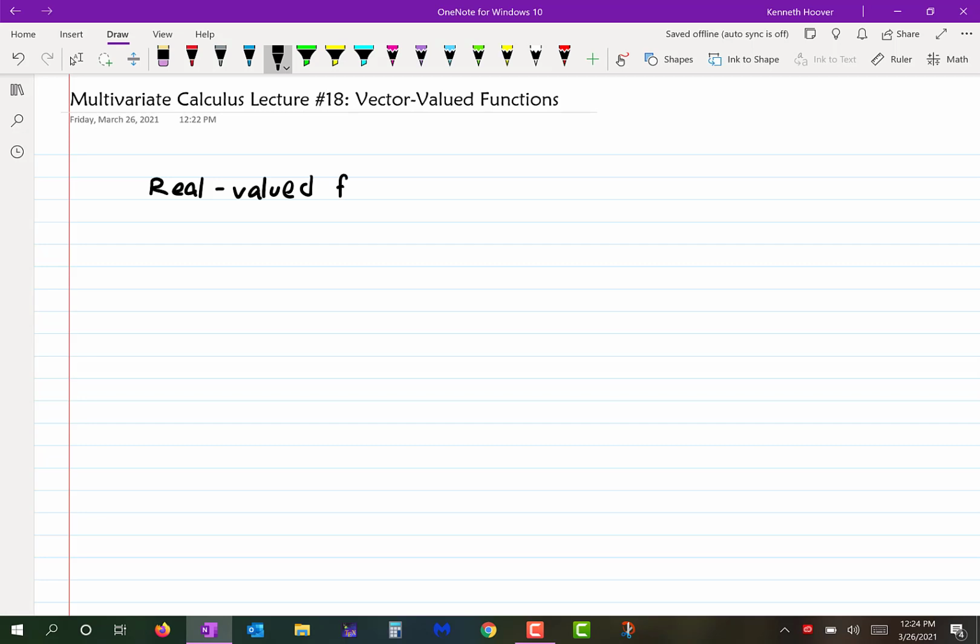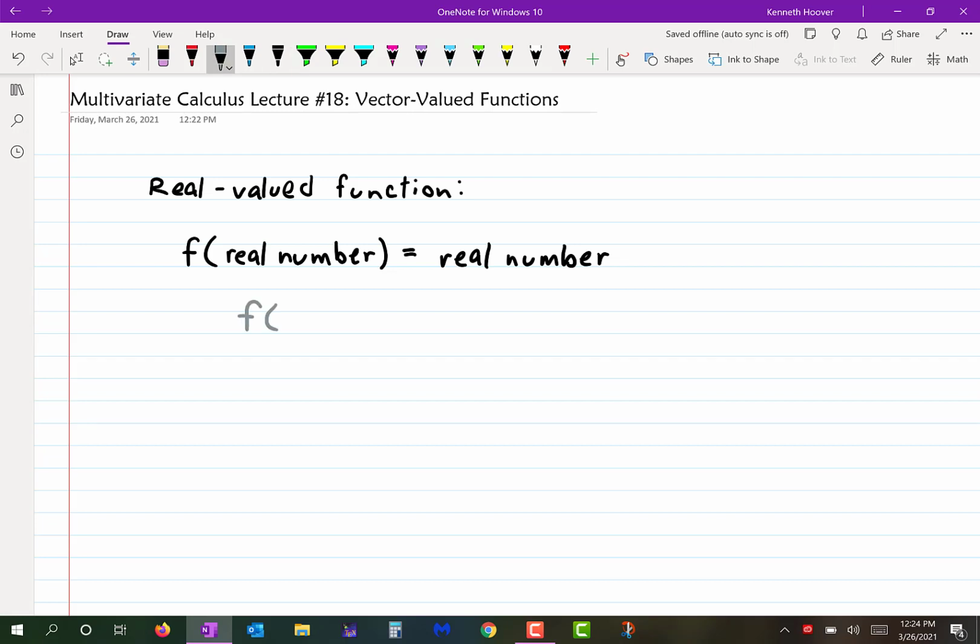A real-valued function is one where you plug in a number and you get out a number. An example here would be f of x equals x squared.